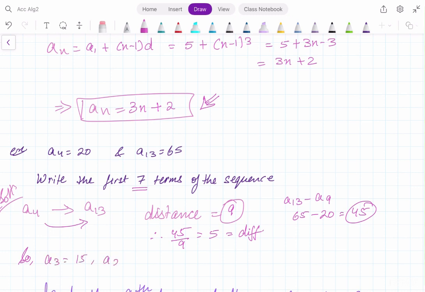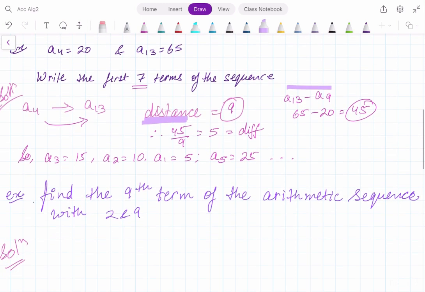So if I have to find the third term, it will be 15 because the common difference is 5. A2 will be 10, A1 will be 5. A5 will be 25. A6, again 5 more, will be 30, and so on. So remember, find the difference between the values and the total distance, and divide.